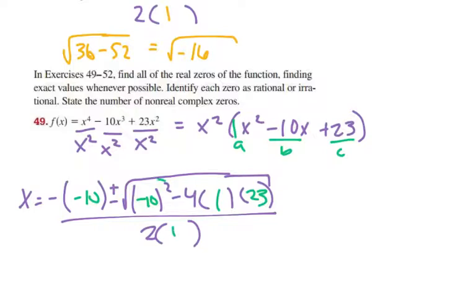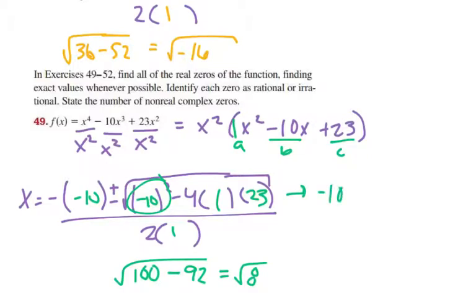Evaluating our discriminant here, we have 100 minus 4 times 23. That makes 8, so we have the square root of 8 as our value there. And so officially rewriting it, we have 10 plus or minus the square root of 8 over 2.